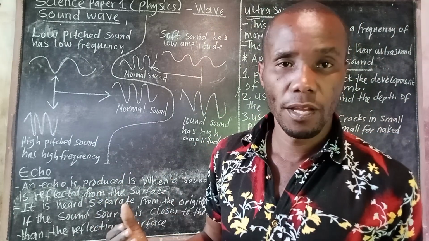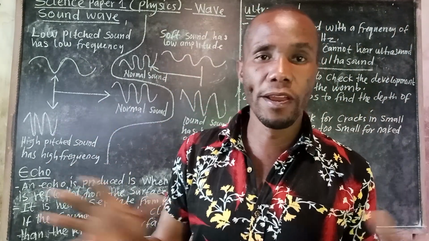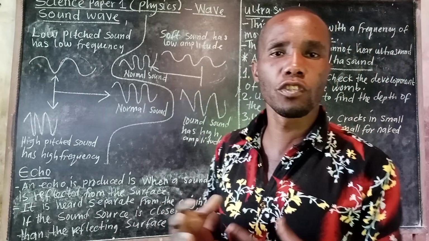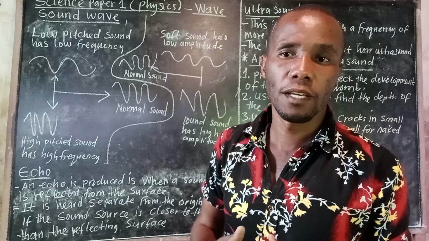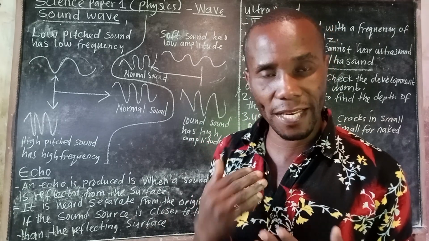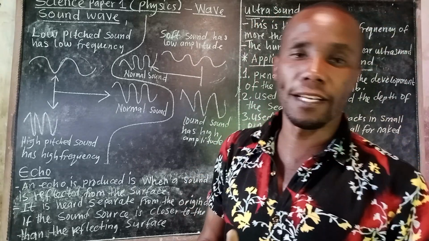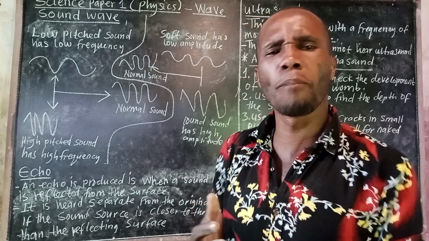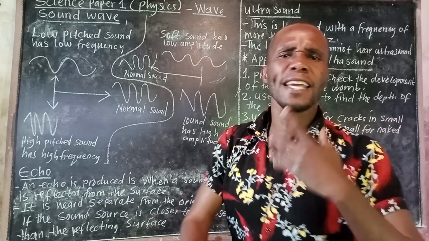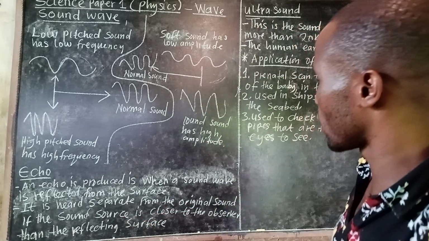For example, if I close all the windows and the like where I am right now in this class, once I make a sound, that sound won't go out because it has found an opaque material which sound cannot penetrate or go through to the other side. So instead, sound will bounce back, that is reflecting. When the sound bounces back, I will hear another sound, which is called an echo. So that is all about echo.